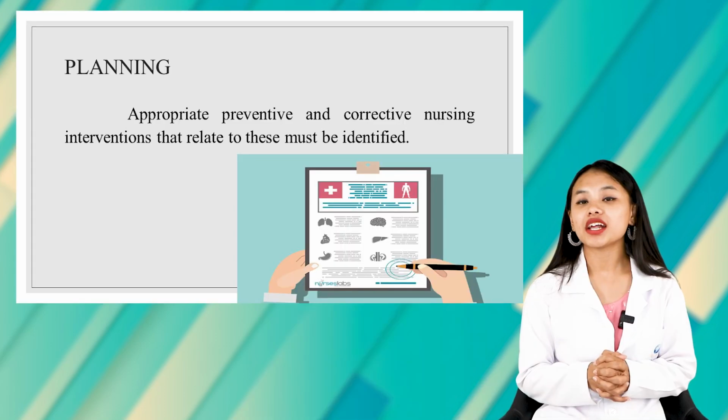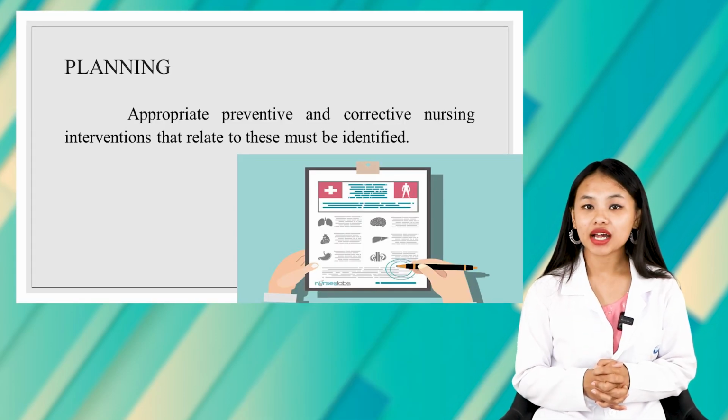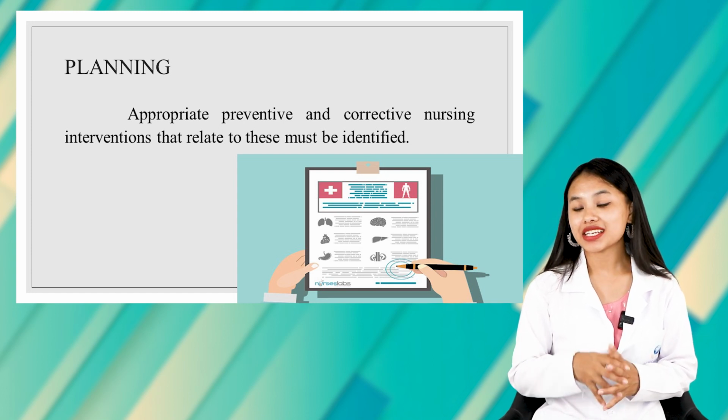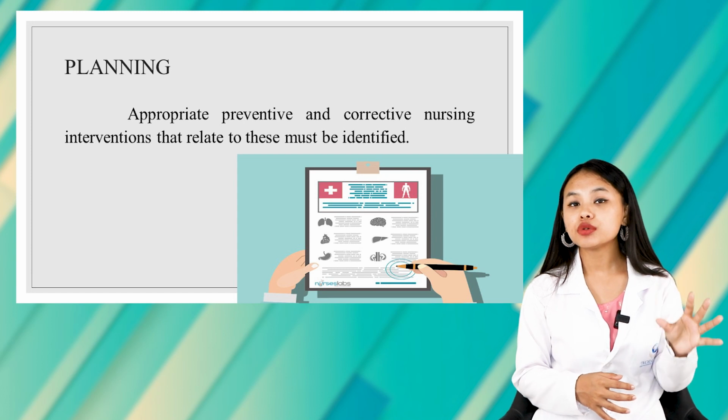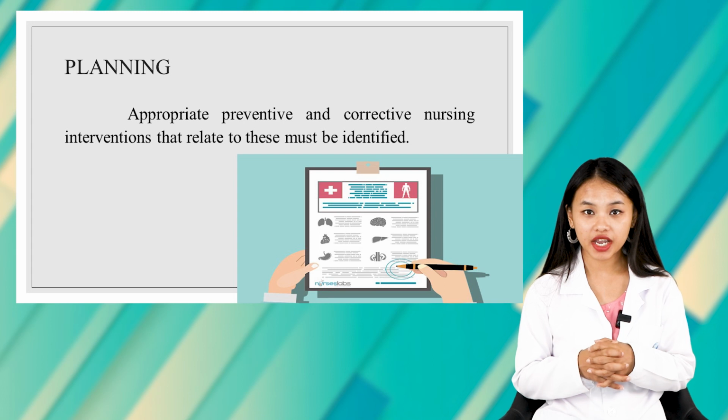So in order to plan well and achieve the goals, it is very important that appropriate preventive as well as corrective nursing interventions related to this condition are first identified.